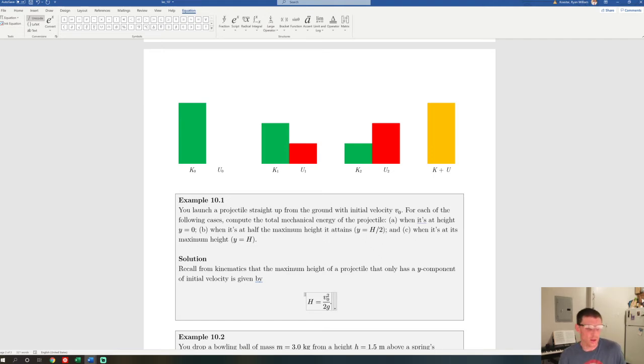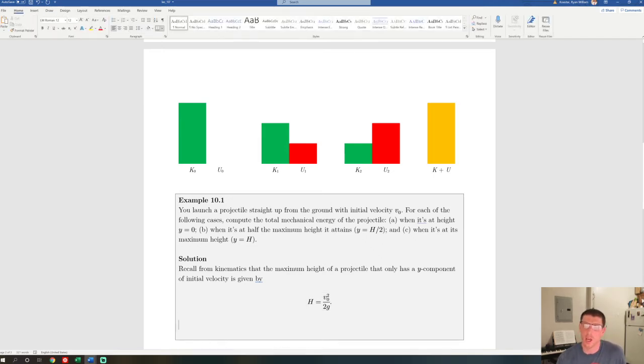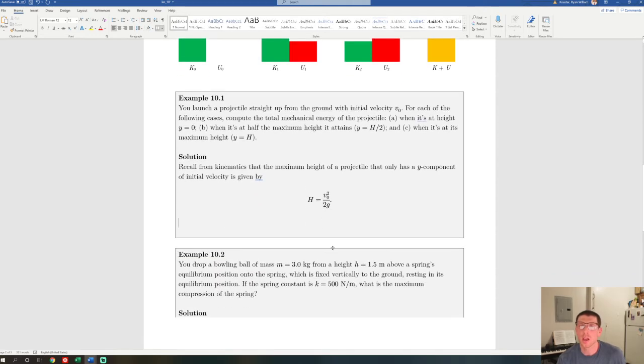So with that out of the way, let's start calculating some of these things. For the first part here, when the projectile is at the level of the ground, it has no gravitational potential energy, and I'm just going to start calling this GPE.